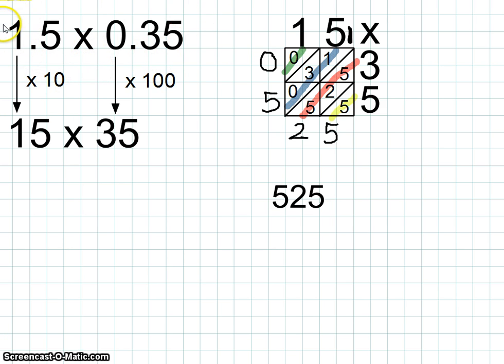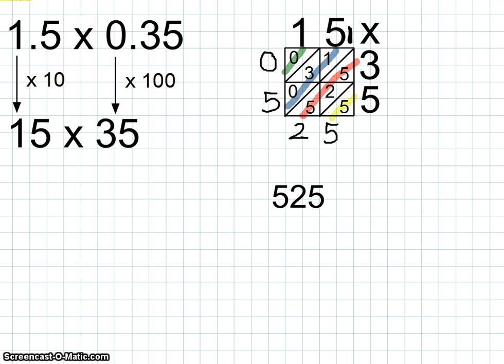And if we want to know the product of this original multiplication number sentence, we could use the number 525 to figure that out. When we rewrote the problem from this problem to this problem here, we basically multiplied it by 10 times 100, or in other words, by 1,000.